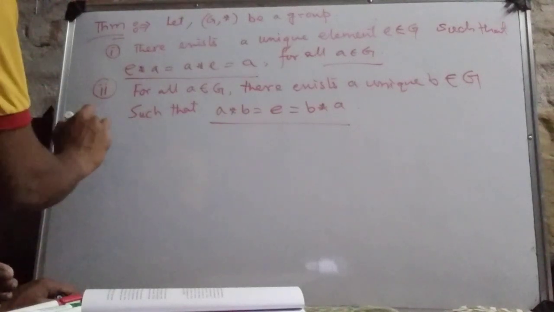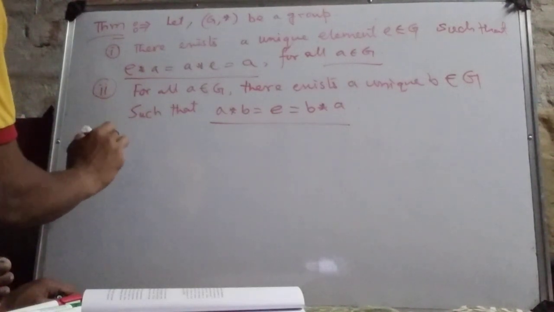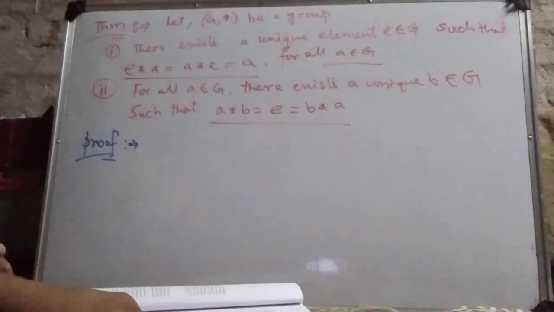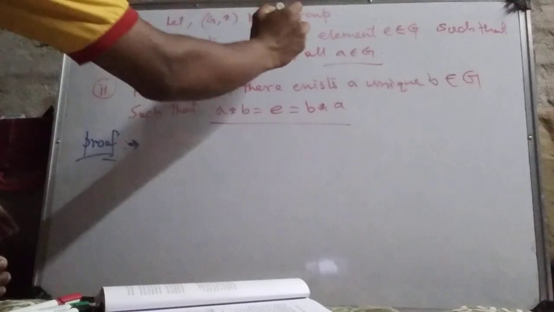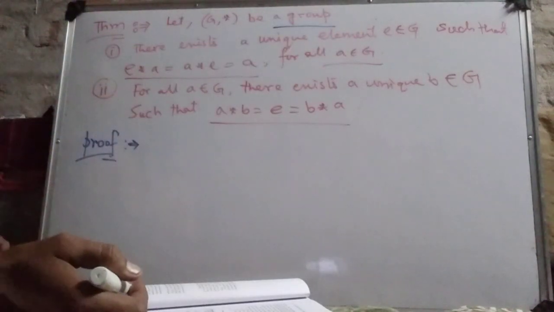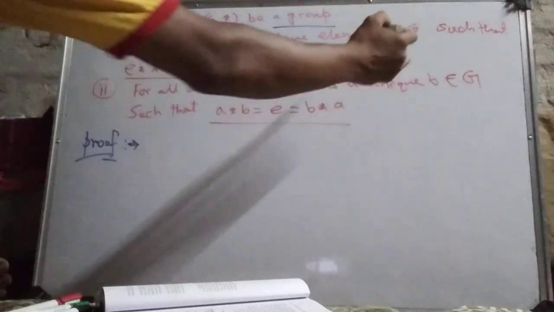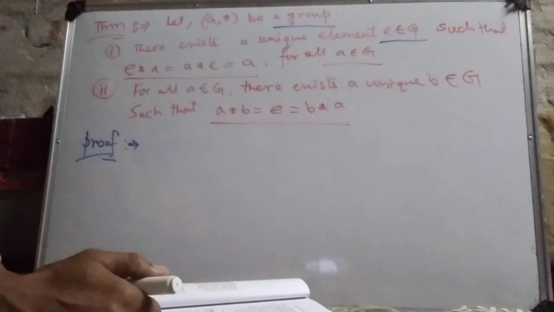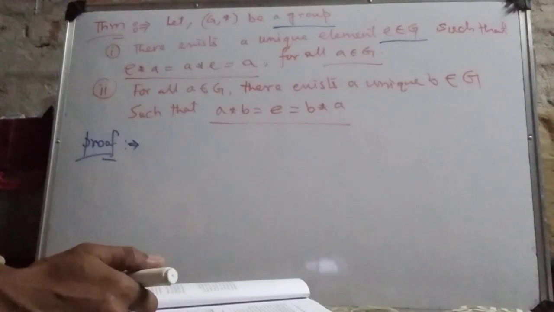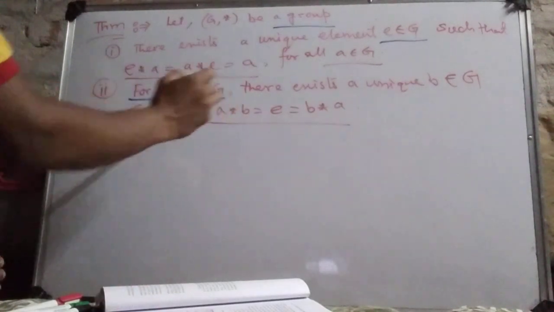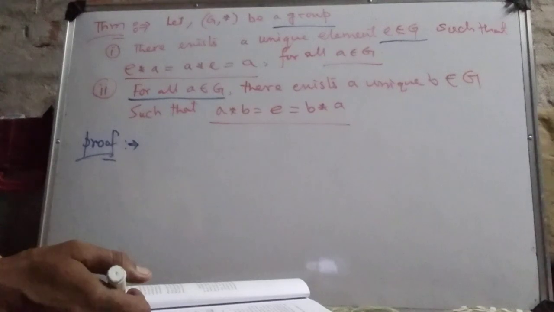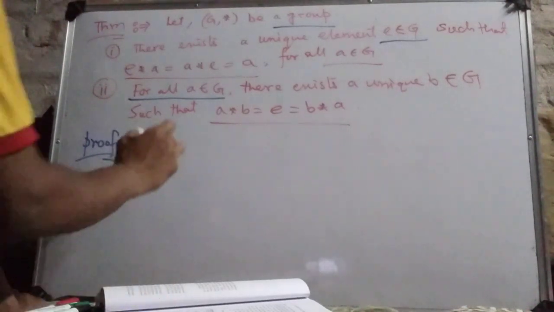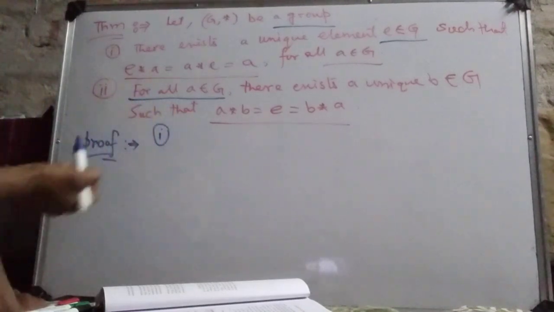So we now prove that. Let G be a group, then there exists a unique element e belonging to G such that this happens. And for all a belonging to G, there exists a unique b belonging to G such that this happens. Okay, so we write it in this way.